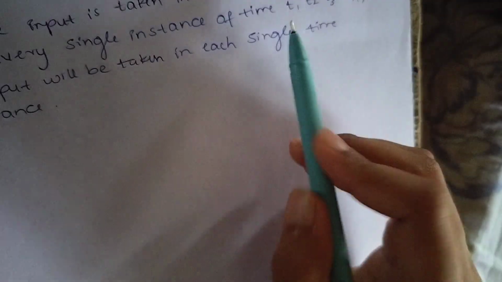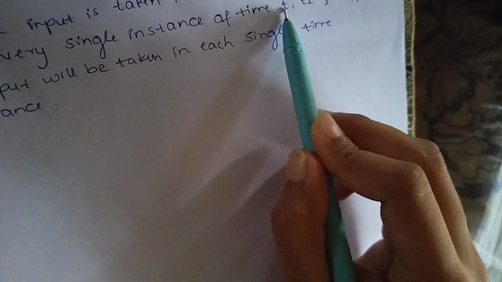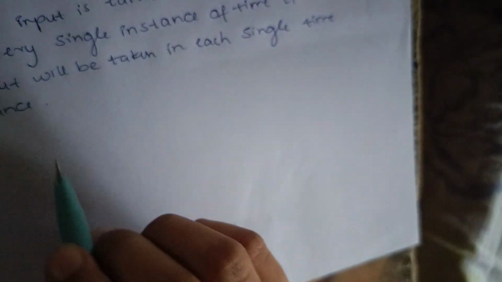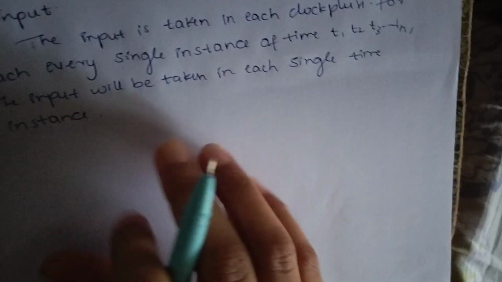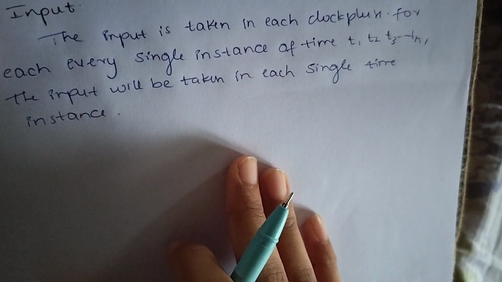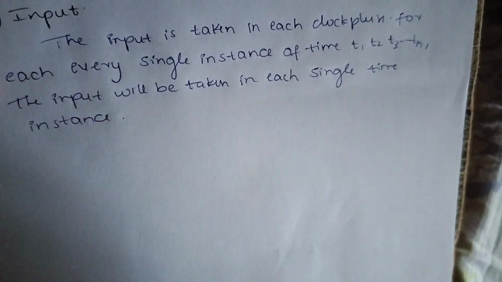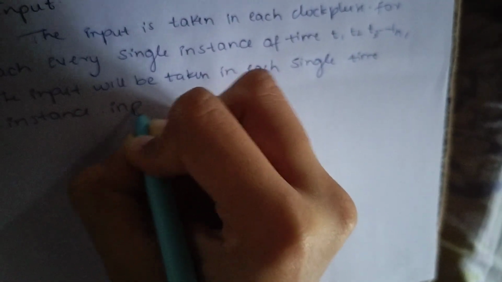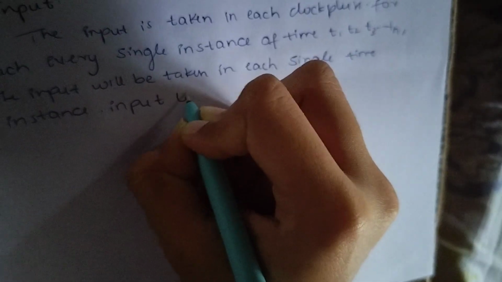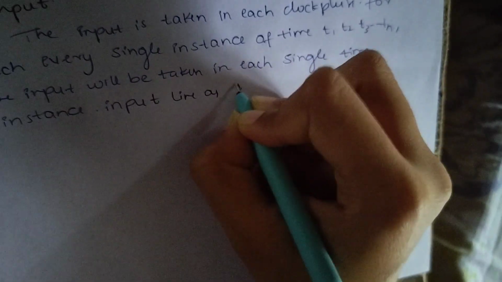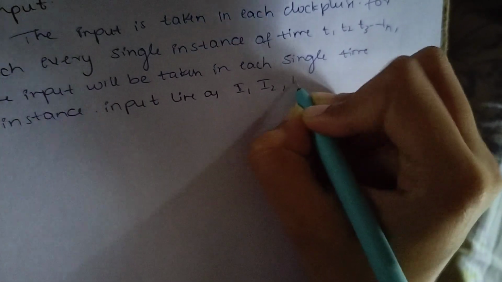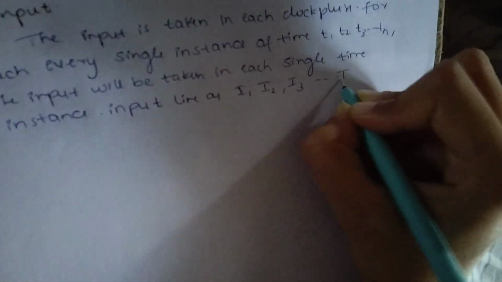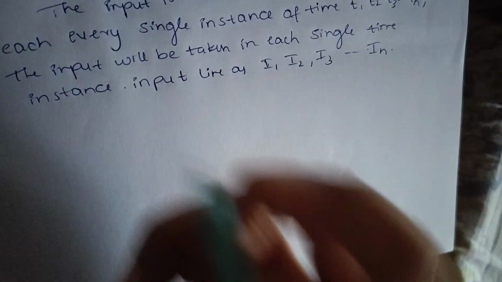So the above line is an example: if the time is t, then the instance of input will change according to t1 and I1. We'll take the input lines as I1, I2, I3 and so on up to IN, as there are n number of inputs.